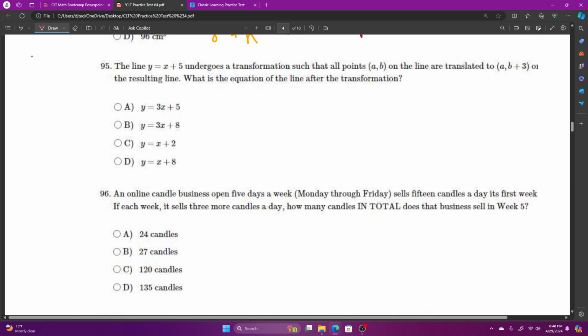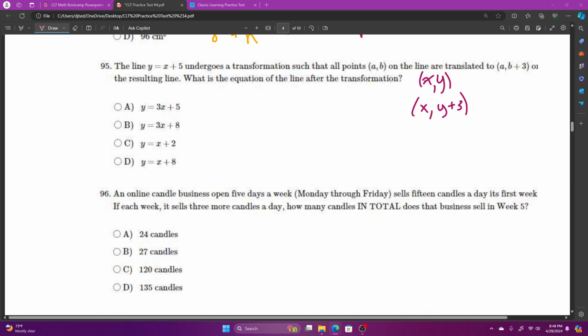So what are these? That's like an ordered pair because we're thinking about a graph, right? And those are normally what letters in there? X, Y. So it's X for A, Y for B, and then we're adding 3 to the Y.